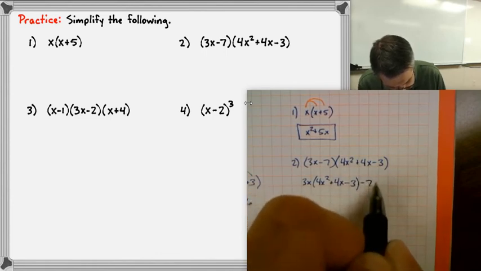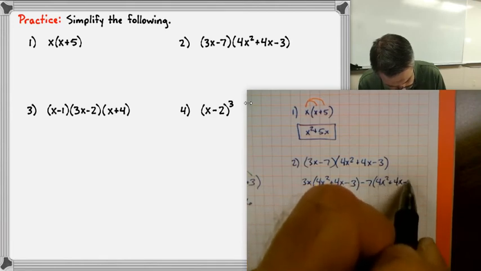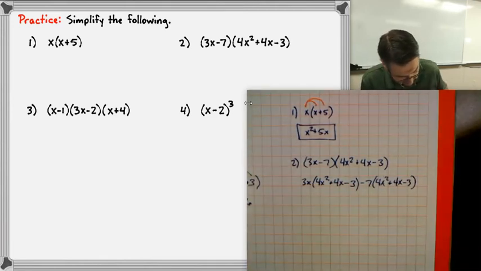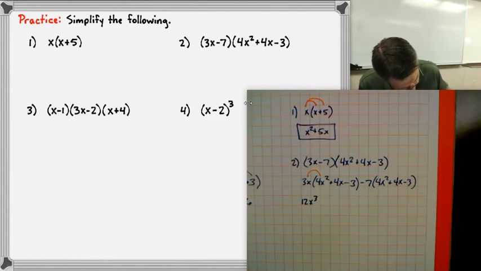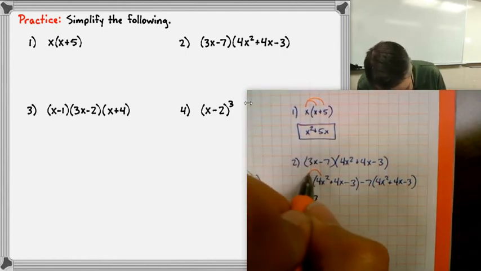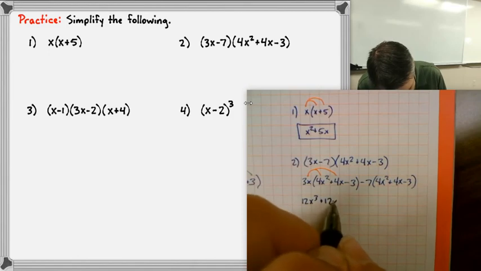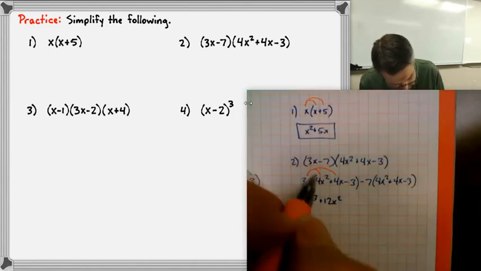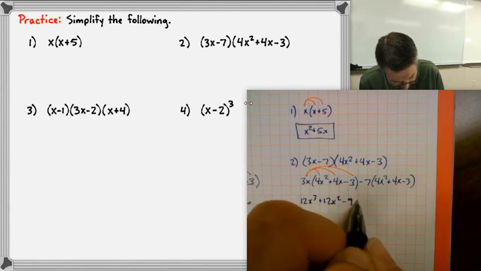And then minus 7 times 4x squared plus 4x minus 3. And then we'll go ahead and distribute. So 3x times 4x squared is 12x cubed. And then the 3x times 4x is going to be 12x squared. And then the 3x times the negative 3 is going to be negative 9x.